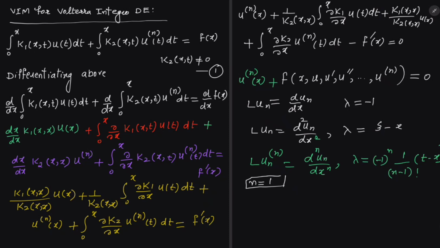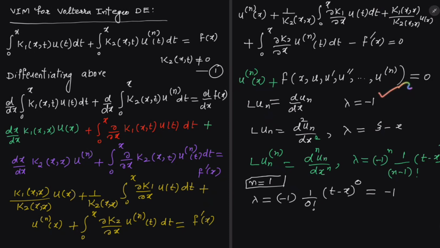It means that we have a first order differential equation, a first order integro-differential equation or a simple differential equation like this. Then lambda is equal to -1 times 1 over (1 minus 1) which is 0 factorial, times (t minus x) to the power 1 minus 1, which is 0. So finally you get -1.